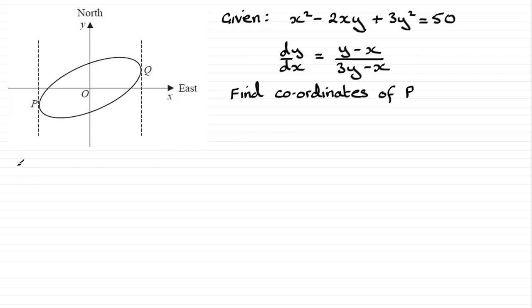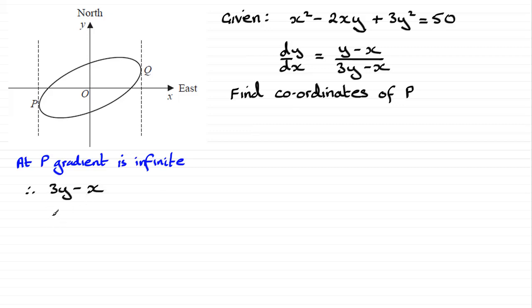I'm going to write a few notes here. At P, the gradient we know is going to be infinite, and that means that the denominator in our fraction, the 3y minus x, must equal 0.